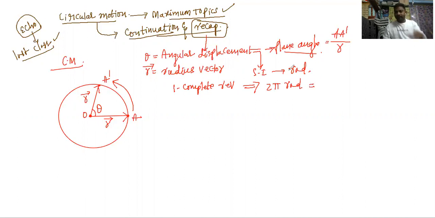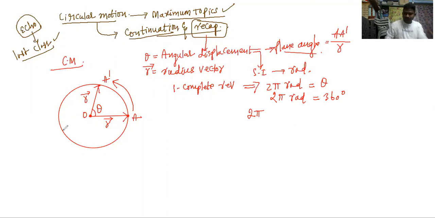How much will this theta be? 2 pi radians. And you know this 2 pi radians is equal to 360 degrees. So from here I can also write theta is 360 degrees.